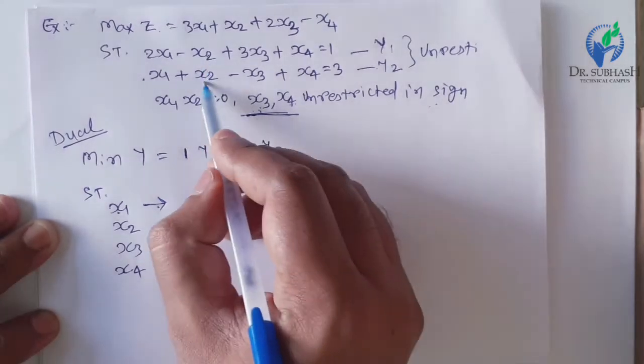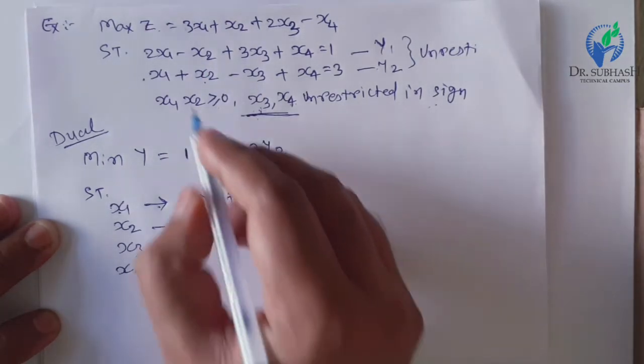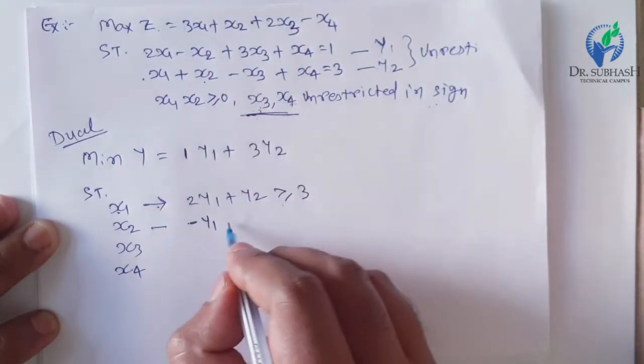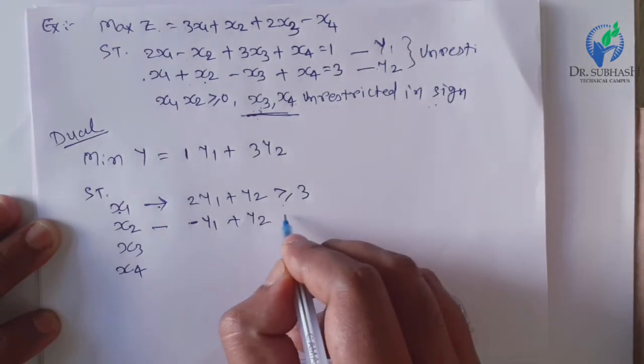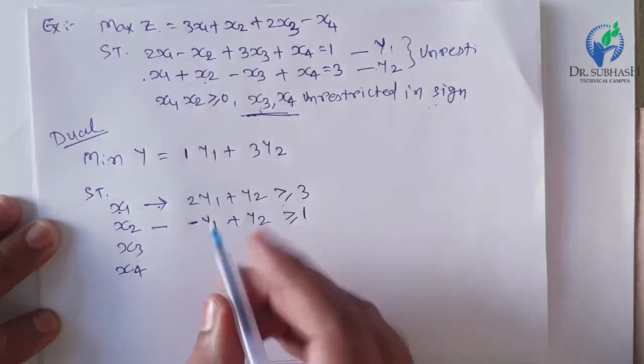Then the second constraint, related to x2, is minus y1 plus y2, which is again greater than or equal to 1, as given here.